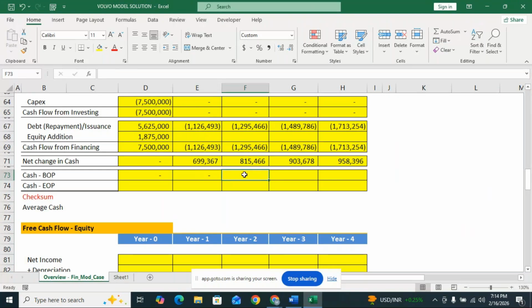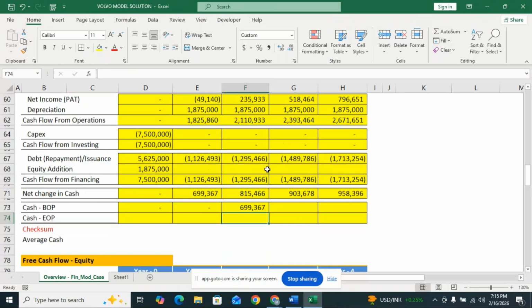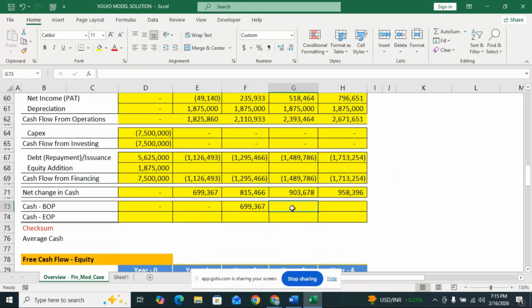Again here for you it will be equals to, so same thing is being put up with this for year 2, for year 3, and for year 4.